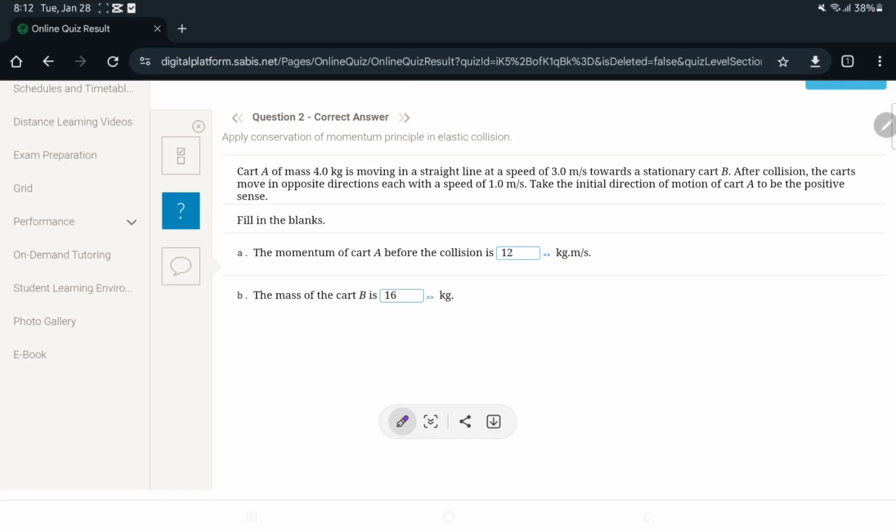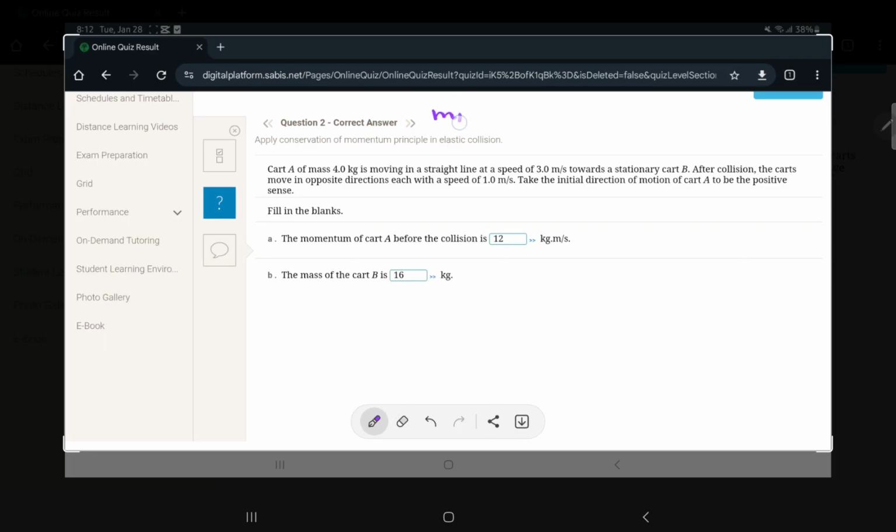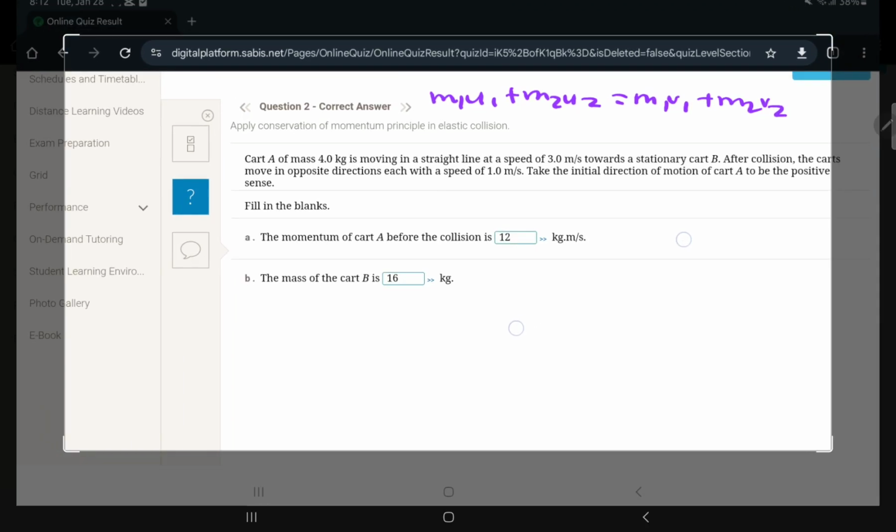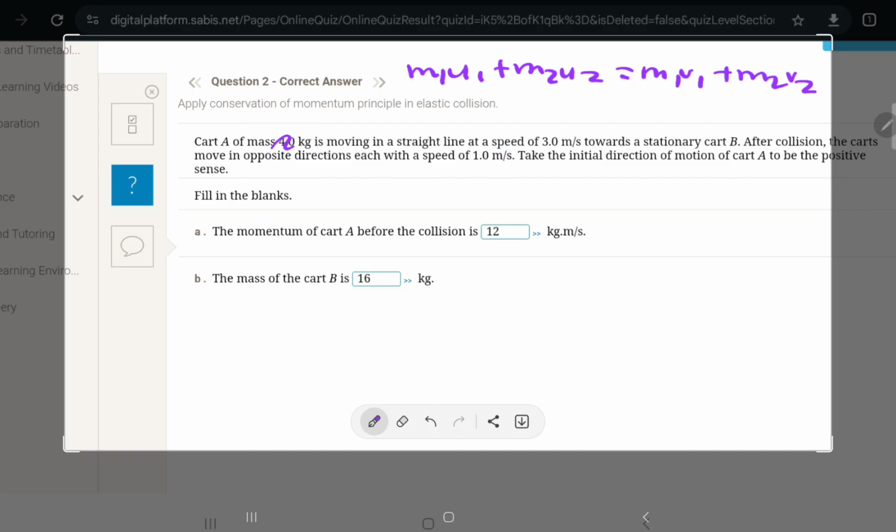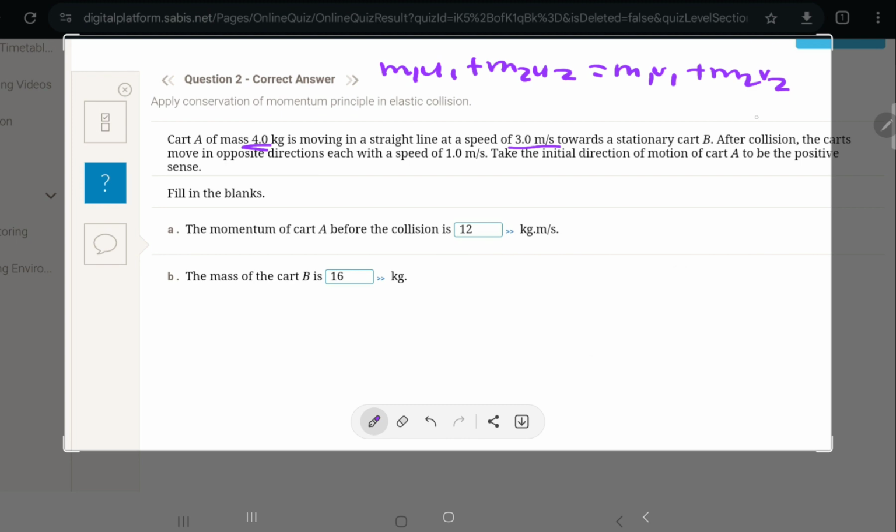Okay, now for this question, we can also use m1 u1 plus m2 u2 is equal to m1 v1 plus m2 v2. We have a cart A that has a mass and it's moving in a specific direction towards another cart named B, and this cart B has an unspecified mass and it's stationary, so the velocity is 0.